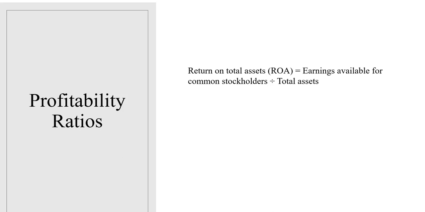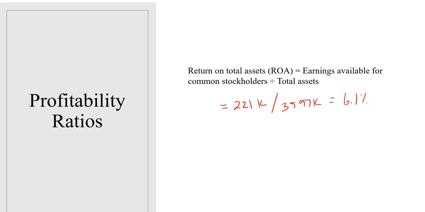So we can calculate this using our company. We know earnings available for common shareholders is $221,000, and we know total assets is $3,597,000. So that's 6.1%.